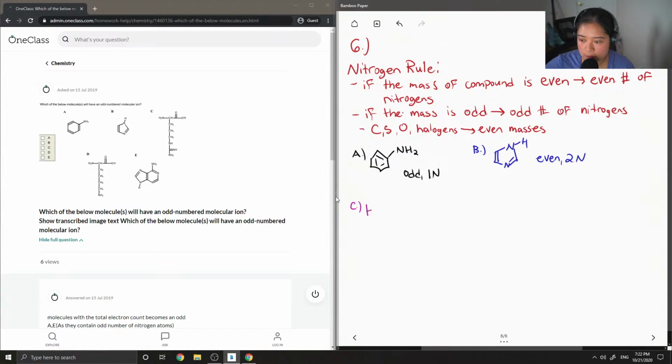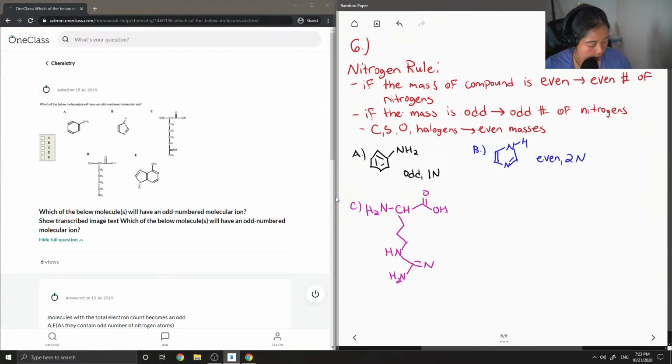Okay, so let's draw out C. And we have 1, 2, 3 carbons, 1 nitrogen, another nitrogen, and then a doubly bonded nitrogen.